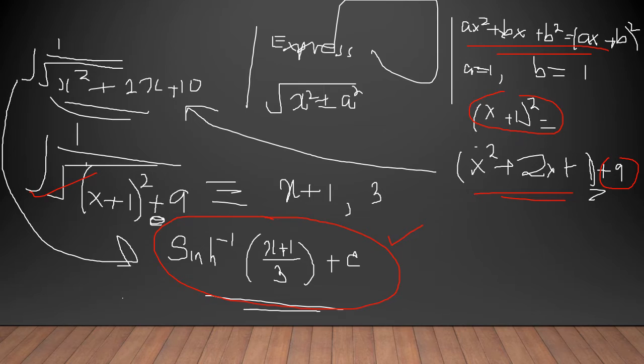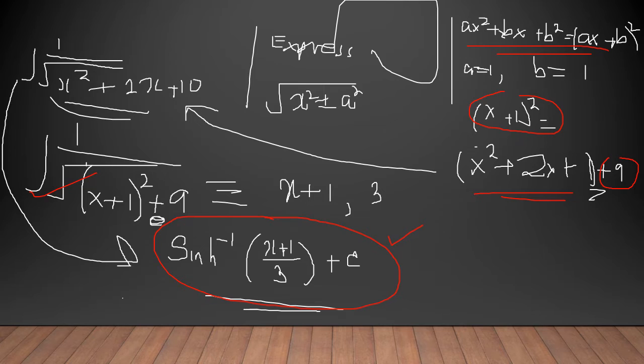Remember, this is coming from (ax plus b) squared plus b squared. If we compare this with our denominator, we can see our a is actually 1, and our b here is equal to 1 again.